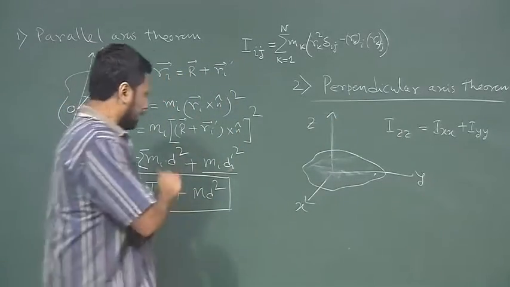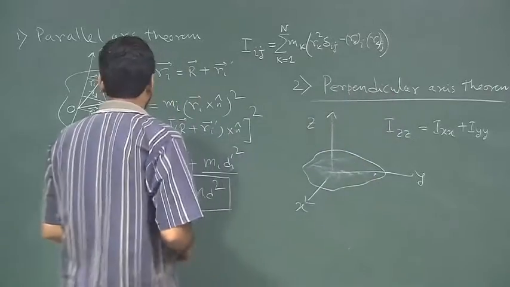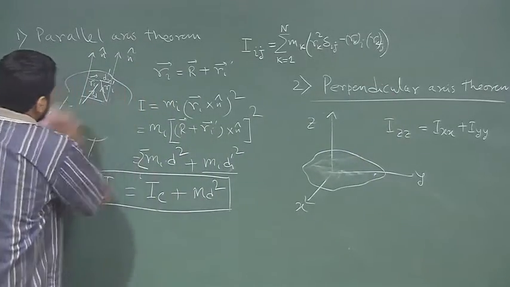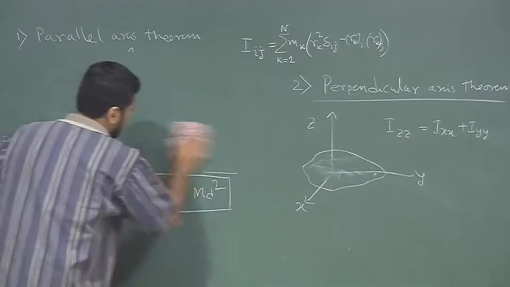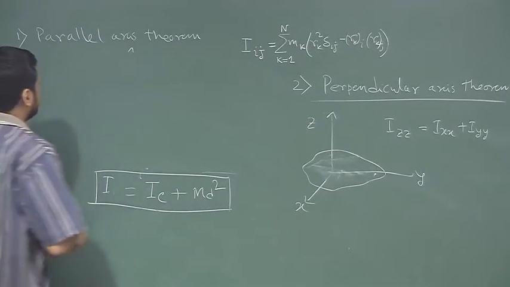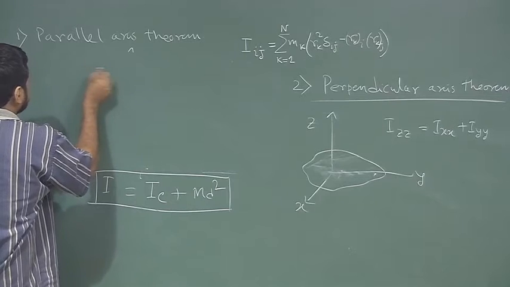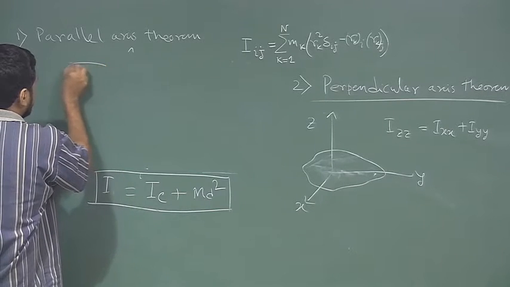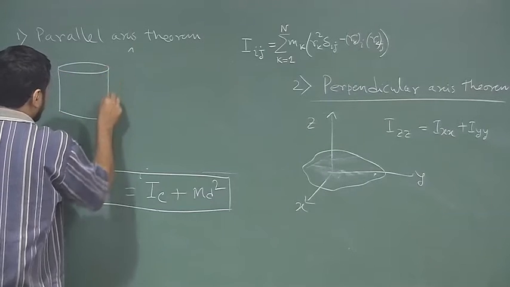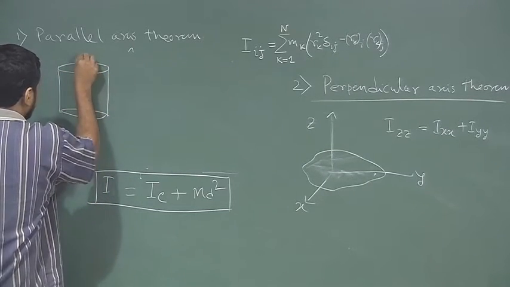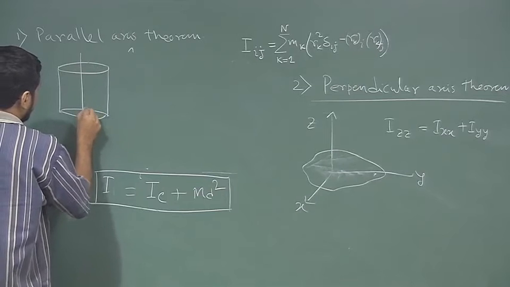Now, coming back to this parallel axis theorem, using this, if I go back to our earlier example of a cylinder, let us assume that we have this cylinder and this is the axis of the cylinder, okay.